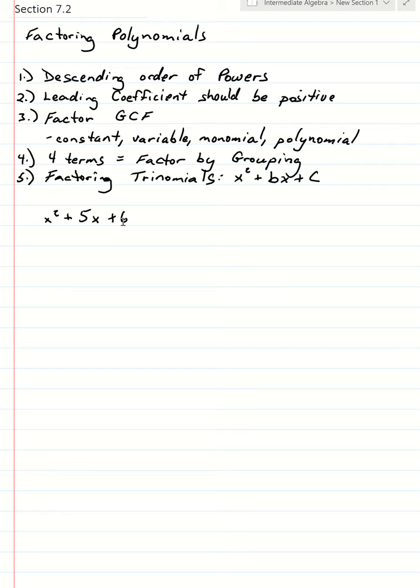And let's take a look at how we're going to factor down these trinomials. What I'm going to recommend that we do is that we're going to set up two parentheses. And then we're going to ask ourselves, what would we have to multiply? Because remember, factoring is the opposite of multiplication. It's the opposite of that FOIL. So what would I have to multiply here and here by to get x squared?